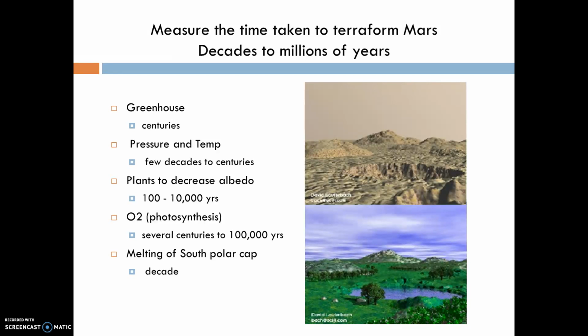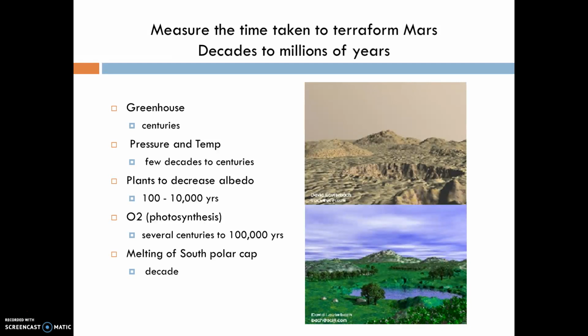We can be able to do that if we can take the time to change and put our dedication into it. But here's the long road. For plants to decrease albedo, it'll be 100 years through 10 millennia. That is a lot of years.